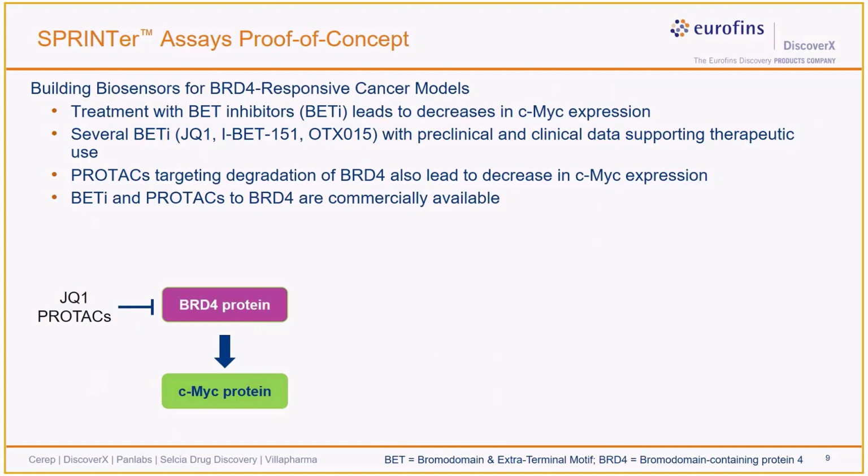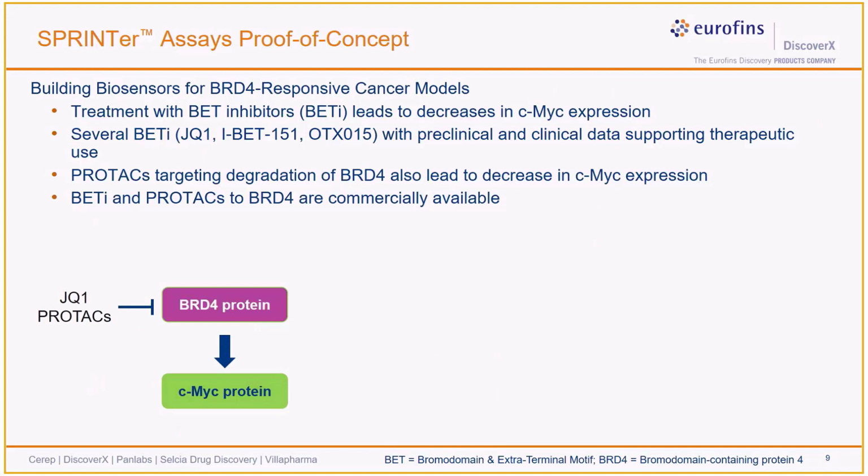It is a transcription modulator upstream of c-Myc oncoprotein. Studies have shown that treatment with BET inhibitors leads to a decrease of c-Myc expression. PROTACs containing those inhibitors, such as JQ1, also lead to a decrease of c-Myc expression. These inhibitors and PROTACs are commercially available, so we could easily obtain them to validate our assay.